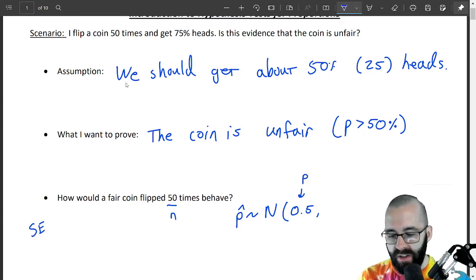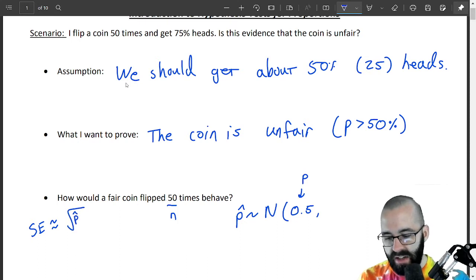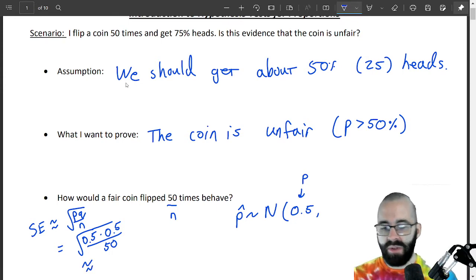We're going to say that's the square root of pq over n. So the standard error is going to be the square root of the probability of heads times the probability of tails over how many times we're doing this. What does that equal approximately?